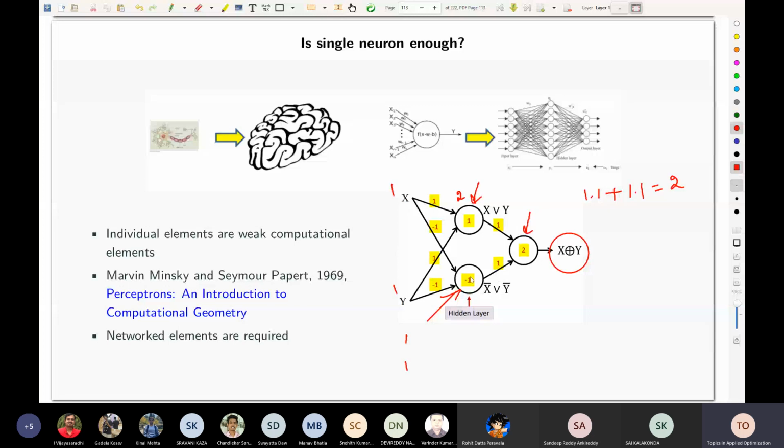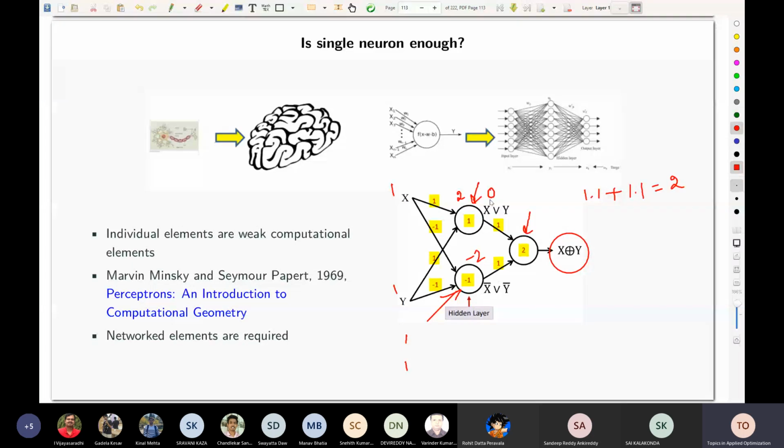And here I have to compute. 1 times -1 is -1, and then 1 times -1 is -1. So -1 plus -1 is -2. Now the question is, is 2 greater than the threshold? No, so the output will be 0 here.